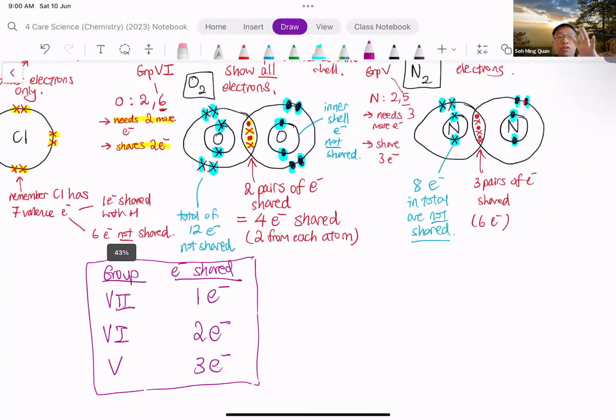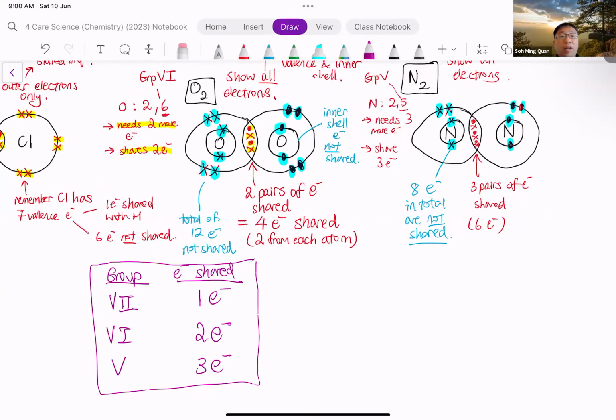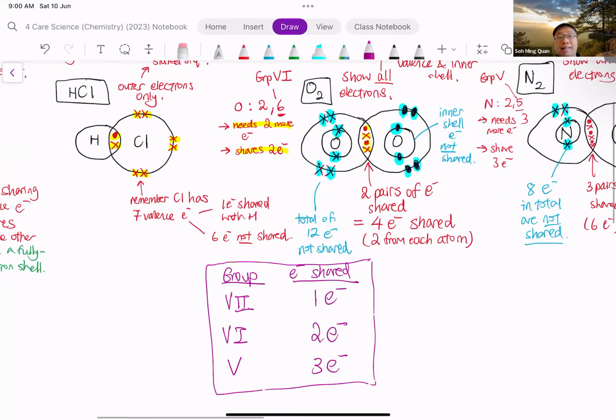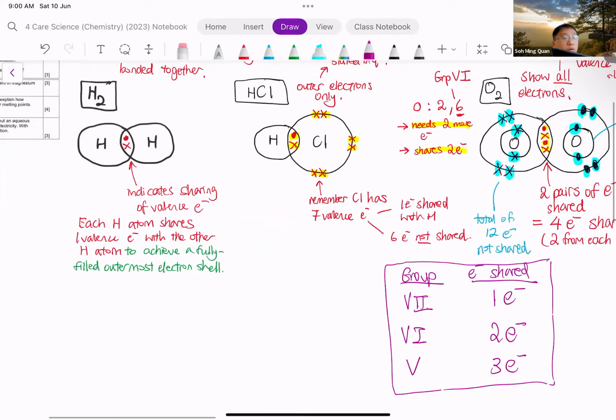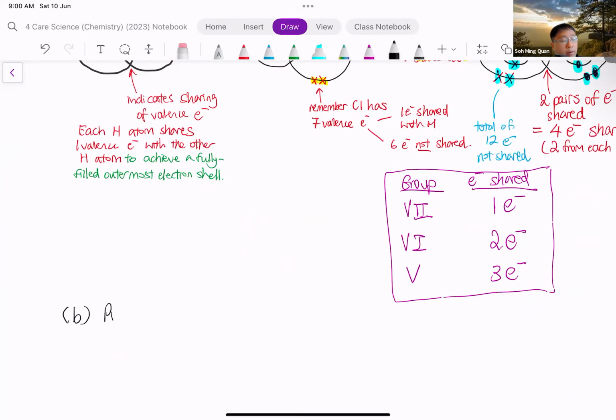So now we have finished diatomics, we will move on to polyatomic molecules. So it's not just 2 atoms that will form covalent bonds with each other. We can also have polyatomic molecules. As the name suggests, poly means many. So many atoms bonded covalently together.